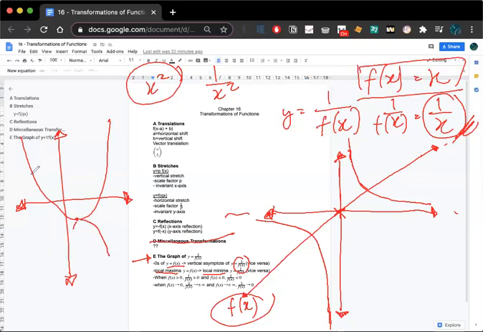Maybe it's something like this-ish, or maybe like this-ish kind of drawing. I've never drawn the reciprocal of this graph, but if you really want to play around, I would definitely suggest playing around in Desmos.